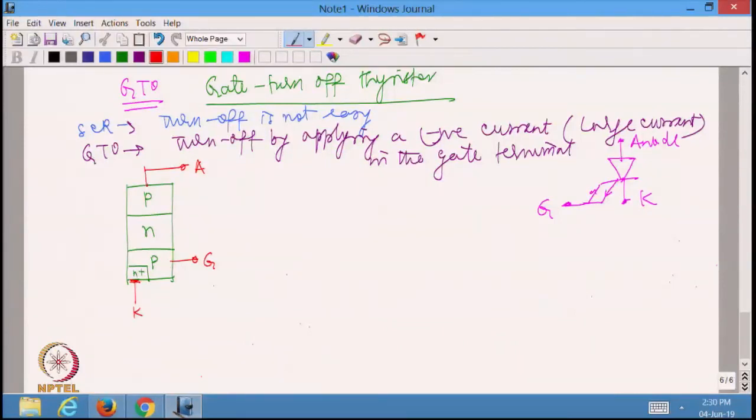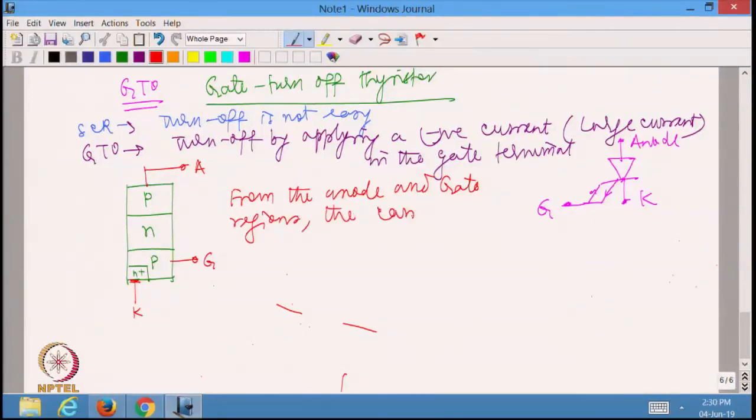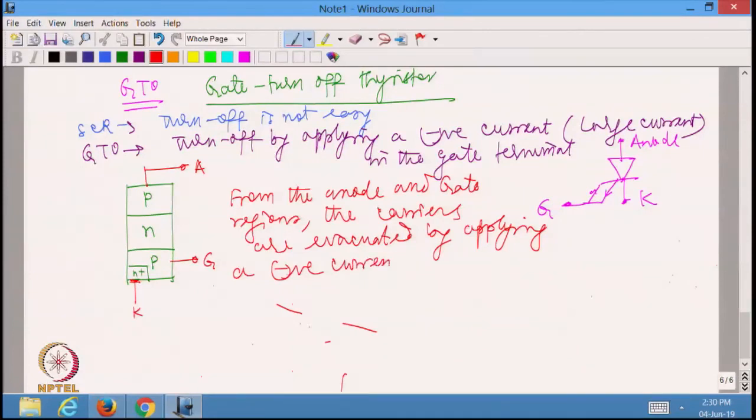By applying a negative current, you evacuate all those holes. So, from the anode and gate regions, the charge carriers are evacuated by applying a negative current.